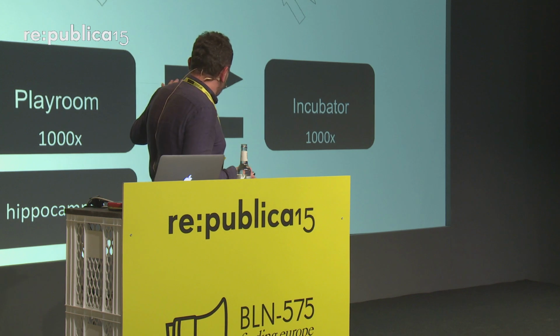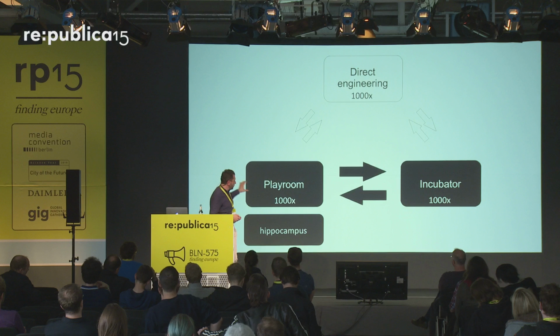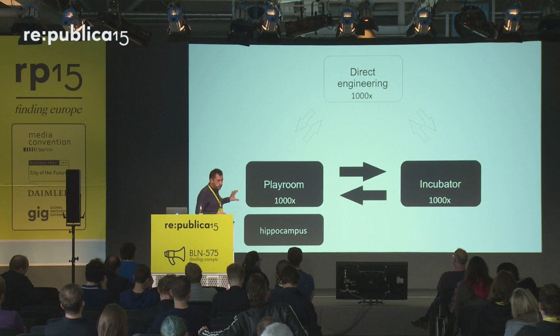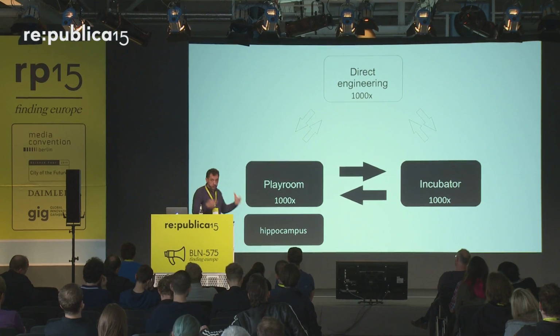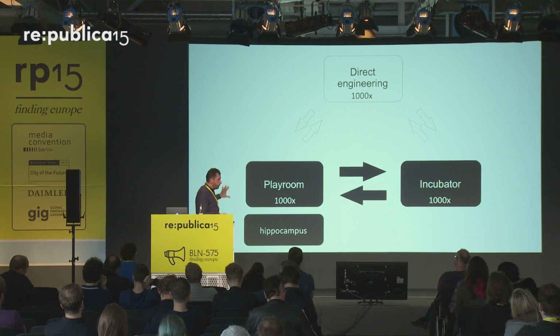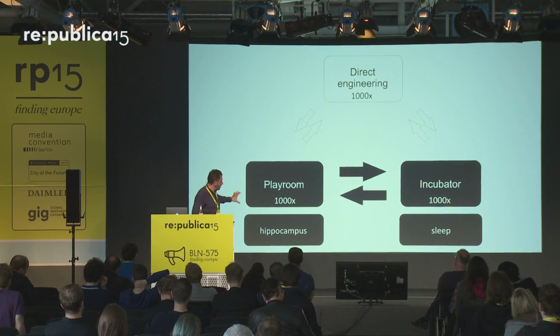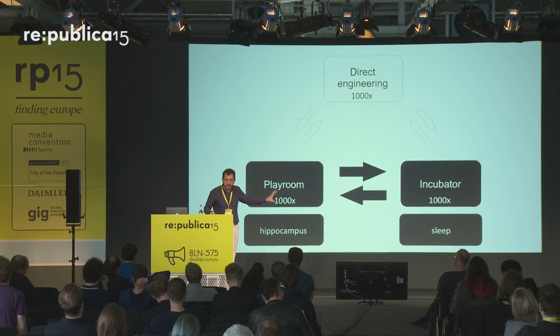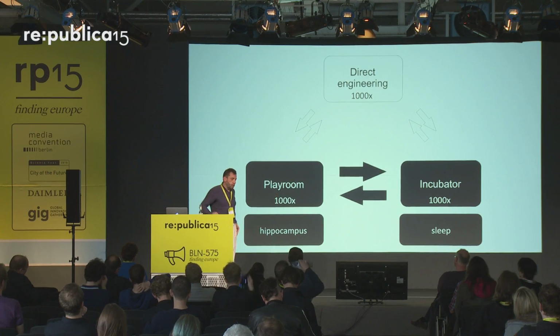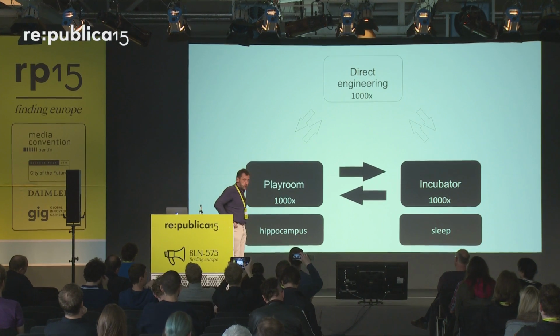The relationship between the playroom and the incubator is very similar to the relationship that we have in our own minds and brains between the hippocampus and the process of sleep and dreaming. What we know so far from neuroscience is that the hippocampus is very important for fast acquisition of explicit memories. Throughout the day, our hippocampus is very busy acquiring this information.